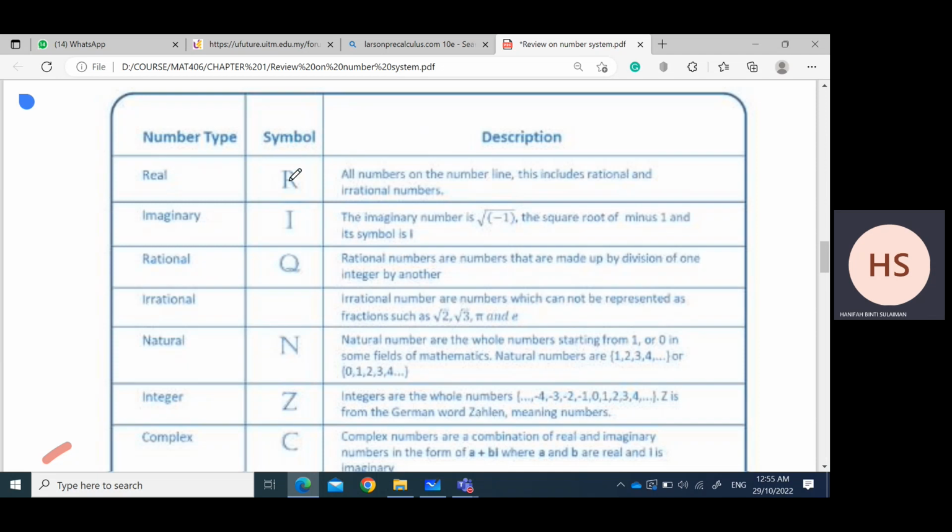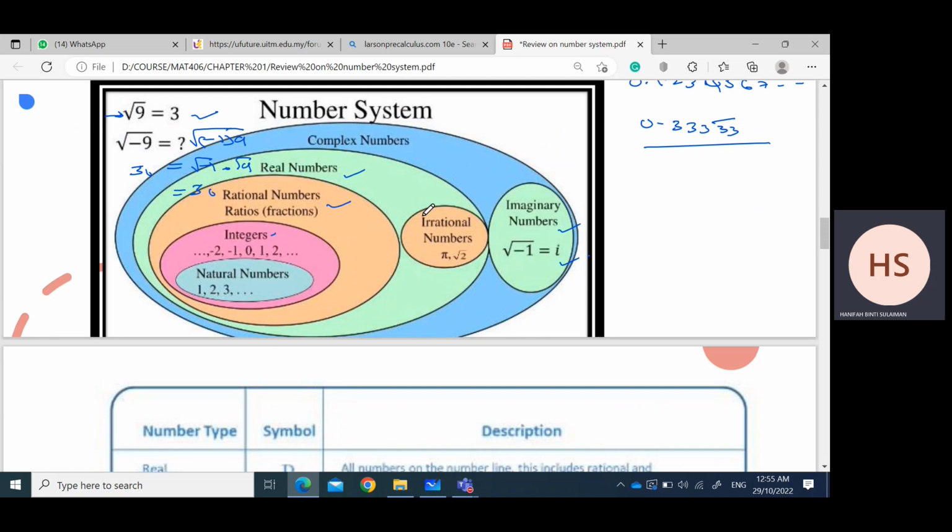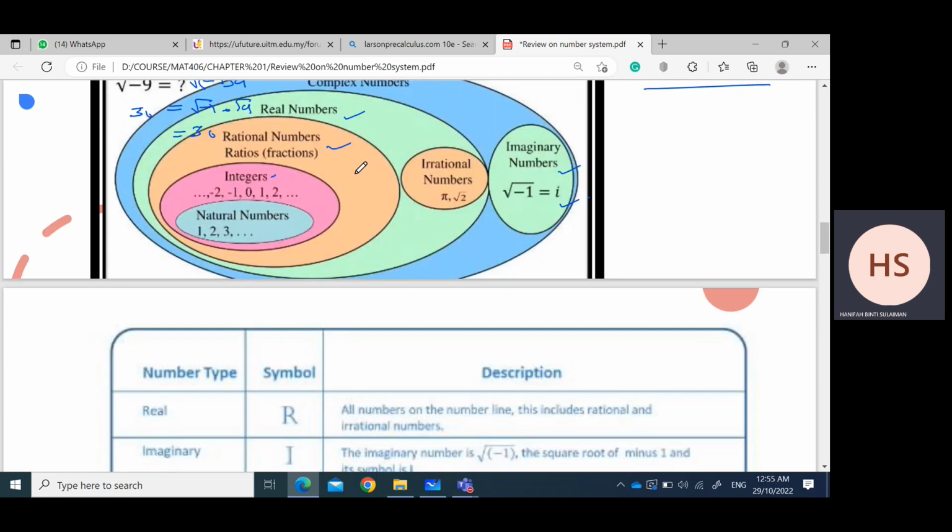So symbol for real number is R. So bila you nampak R, itu adalah real number. Okay. So as a description, real number, all numbers on the number line. This includes rational and irrational numbers. Okay, so ini kita boleh rujuk dalam diagram yang inilah. Real number, dia ada 2 jenis, rational dan juga irrational.